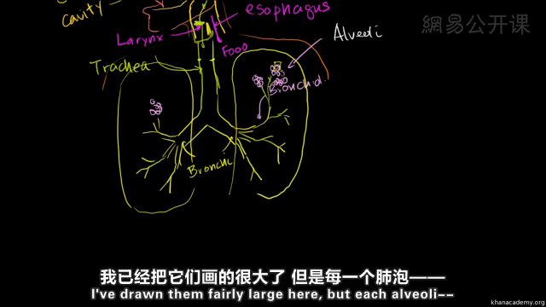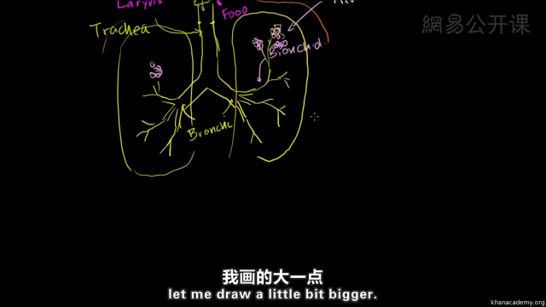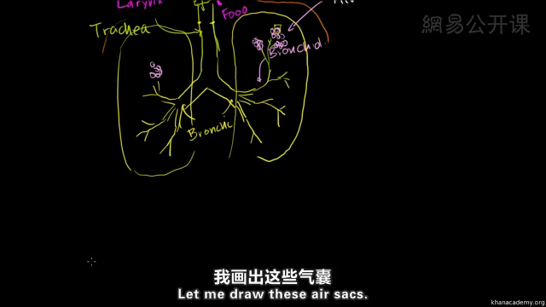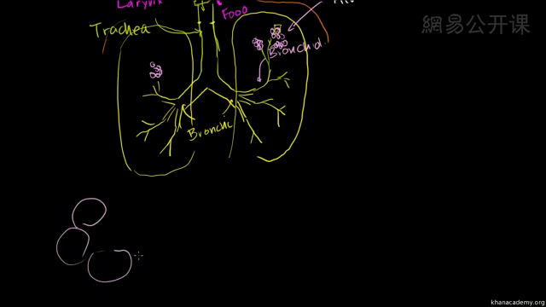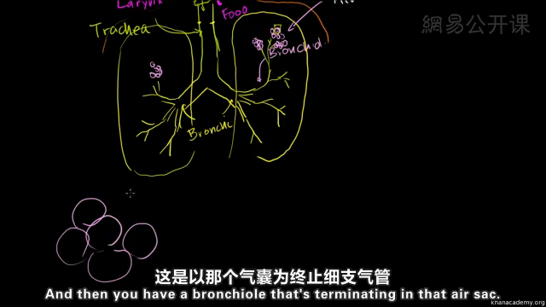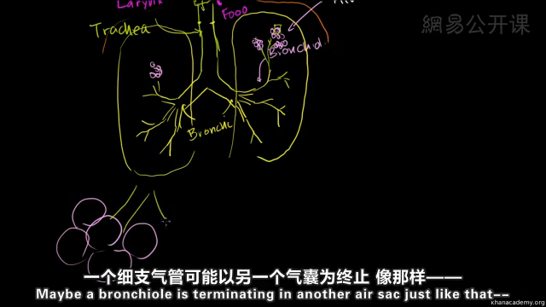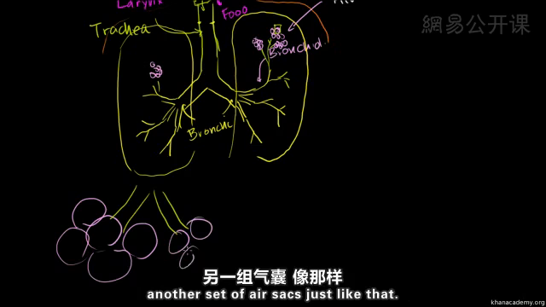I've drawn them fairly large here, but let me draw them a little bit bigger. So you have these air sacs like this, and then you have a bronchiole that's terminating in that air sac. Maybe a bronchiole is terminating in another air sac, just like that.